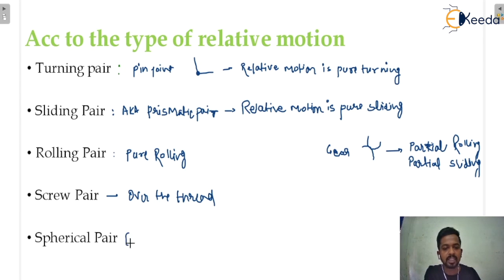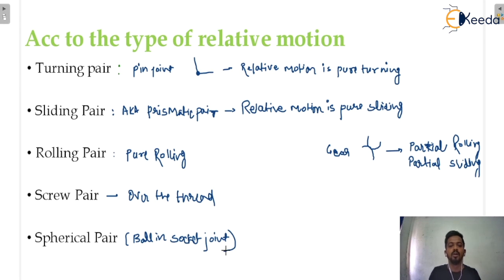Now the spherical pair is also known as ball and socket joint. That is an example of the spherical pair. Are you getting my point? Ball and socket joint means the relative motion is three-dimensional rotation.